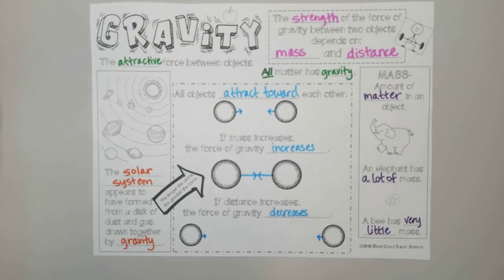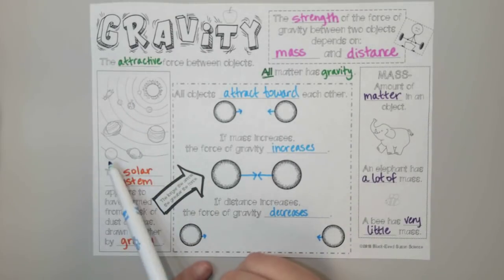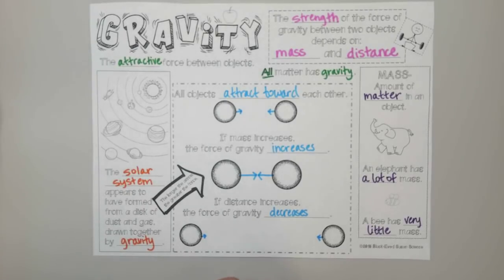As you study more about each of the planets, you'll see how the size of the planet affects the amount of gravity that it has and how it responds to the sun's gravity, as well as the distance. The farther away from the sun, the less effect of the sun's gravity on that planet.